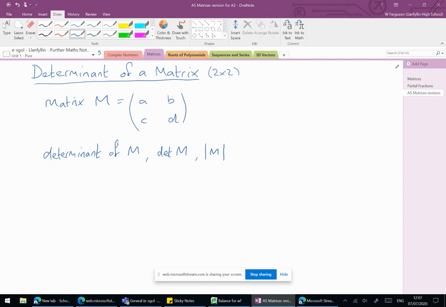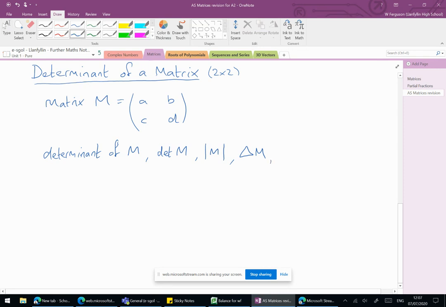Or I might use a kind of delta symbol. That's the capital Greek letter delta, which you'll be familiar with from probably physics. Most likely they talk about change of something as being a delta of something. So delta M, that's occasionally used for the determinant.